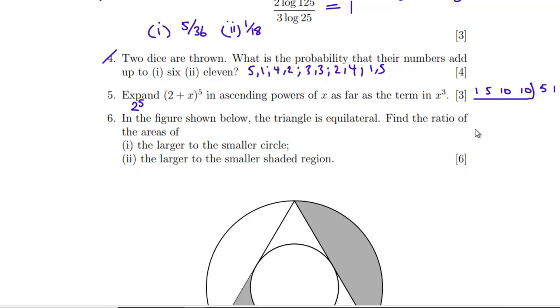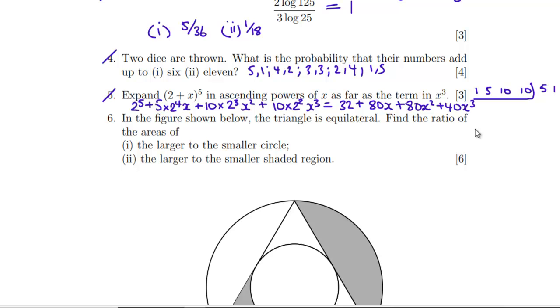Then we're going to have 5 times 2 to the 4 x plus 10 times 2 cubed x squared plus 10 times 2 squared x cubed. So that has given us all in all 32 plus 80x plus 80x squared plus 40x cubed.